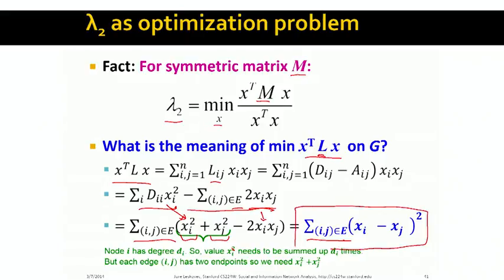What we have just shown is that x transpose L x equals a summation over all the edges, where I take the label of one endpoint of an edge, subtract the value of the other endpoint, square it, and sum this over all the edges.